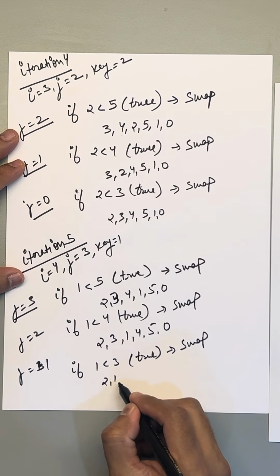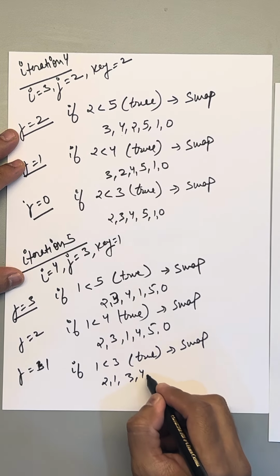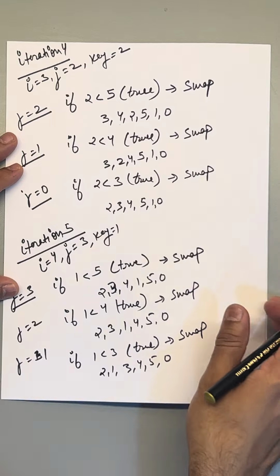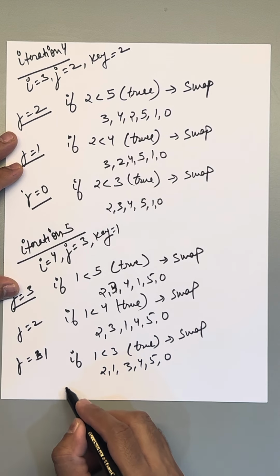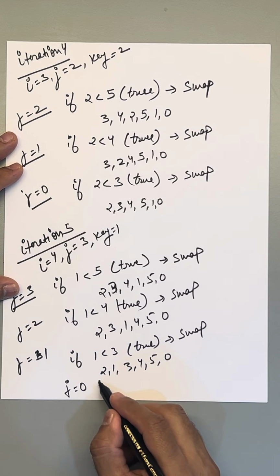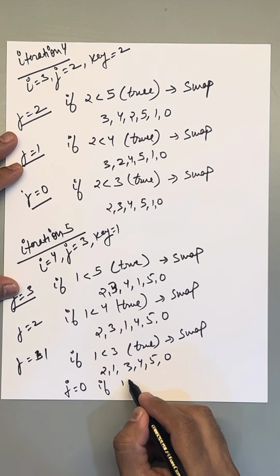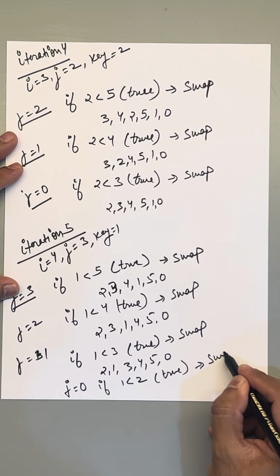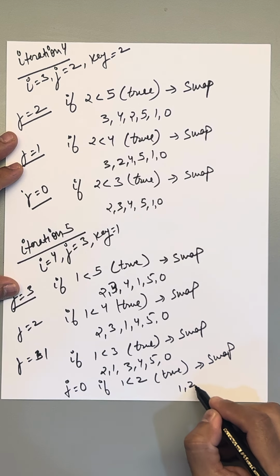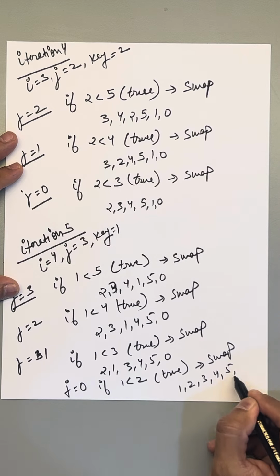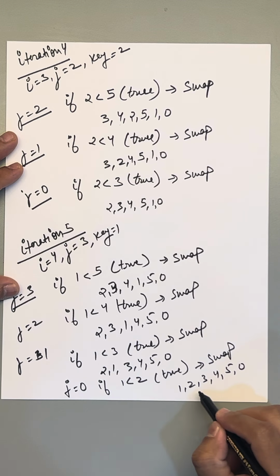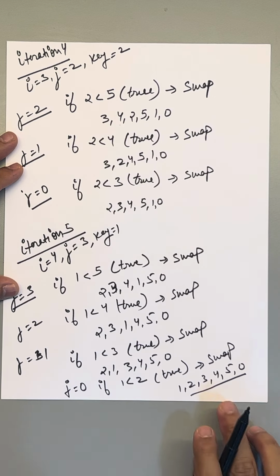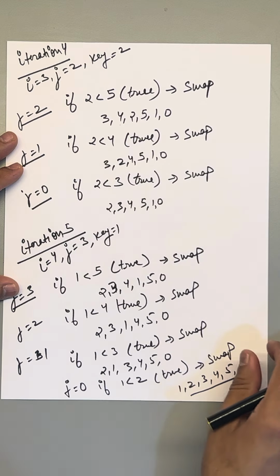We'll swap. We'll check for j equal to 0. If 1 is smaller than 2, which is true in our case, we'll perform a swap operation. As we are moving ahead, we can see that the array is getting partially sorted. Now we'll move to iteration 6.